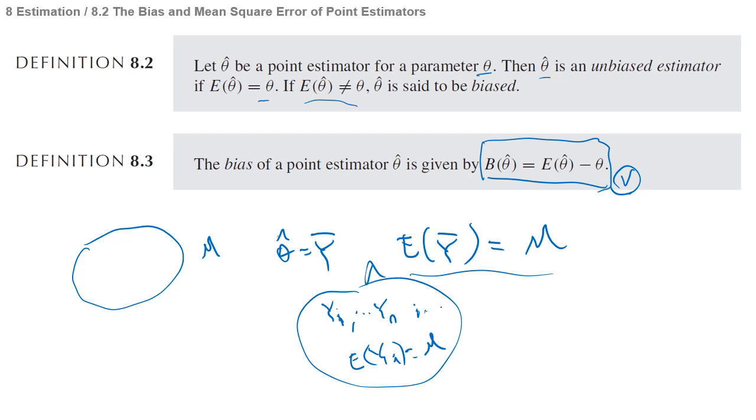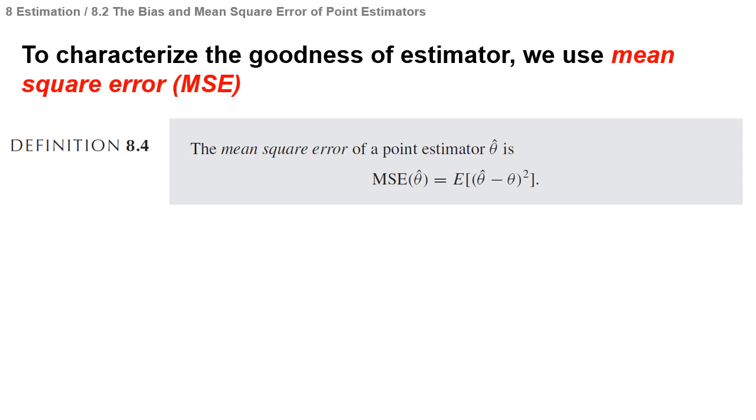To characterize the goodness of an estimator, we use mean square error, MSE. Previously, we learned the bias. One good characteristic for a good estimator would be an unbiased estimator, or one that has small bias.